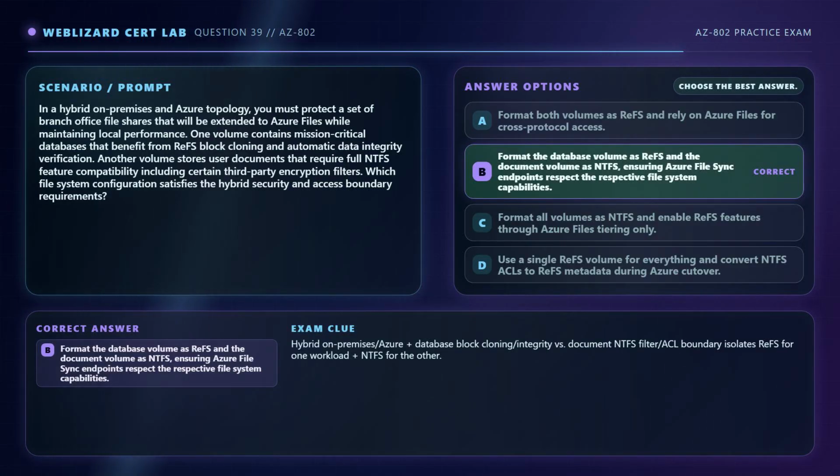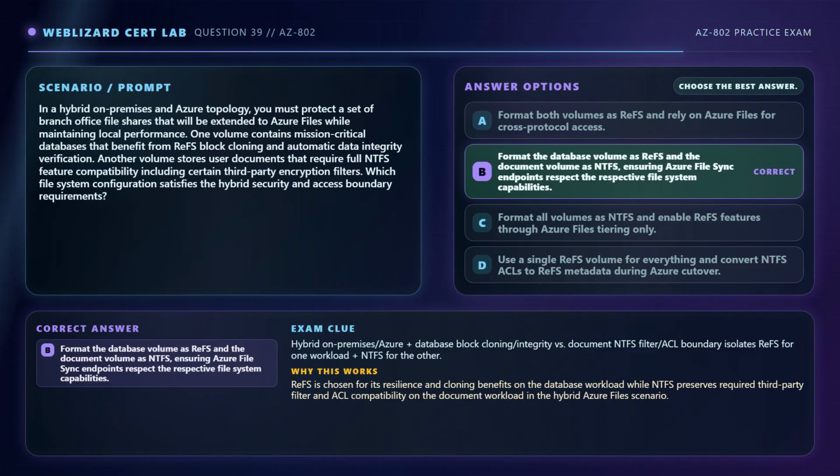The correct answer is B. Format the database volume as ReFS and the document volume as NTFS, ensuring Azure File Sync endpoints respect the respective file system capabilities. ReFS is chosen for its resilience and cloning benefits on the database workload, while NTFS preserves required third-party filter and ACL compatibility on the document workload in the hybrid Azure Files scenario.